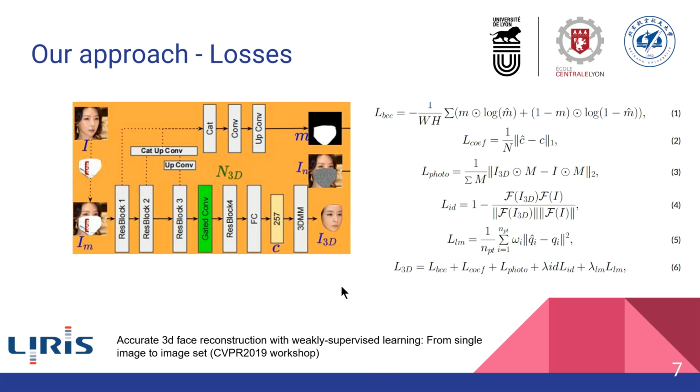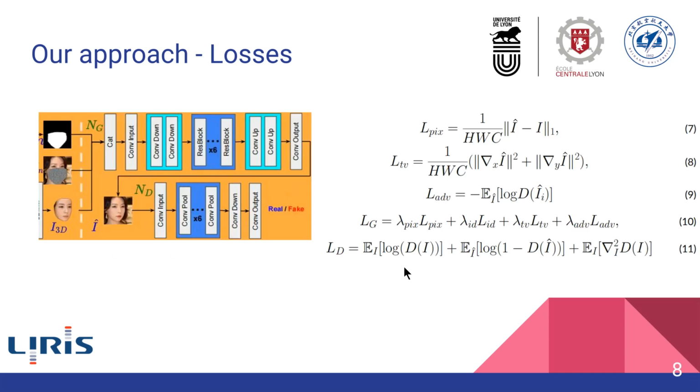And so we get the ground truth of Z and simply calculate the L1 loss between the predicted one and the ground truth. We also leverage the pixel-wise photo loss, where M indicates the face area, and the identity loss, where F represents a pre-trained face recognition model. Here we use a pre-trained ArcFace, and the landmark loss for regularization. Finally, the 3D module, the N3D, is supervised by those loss functions together.